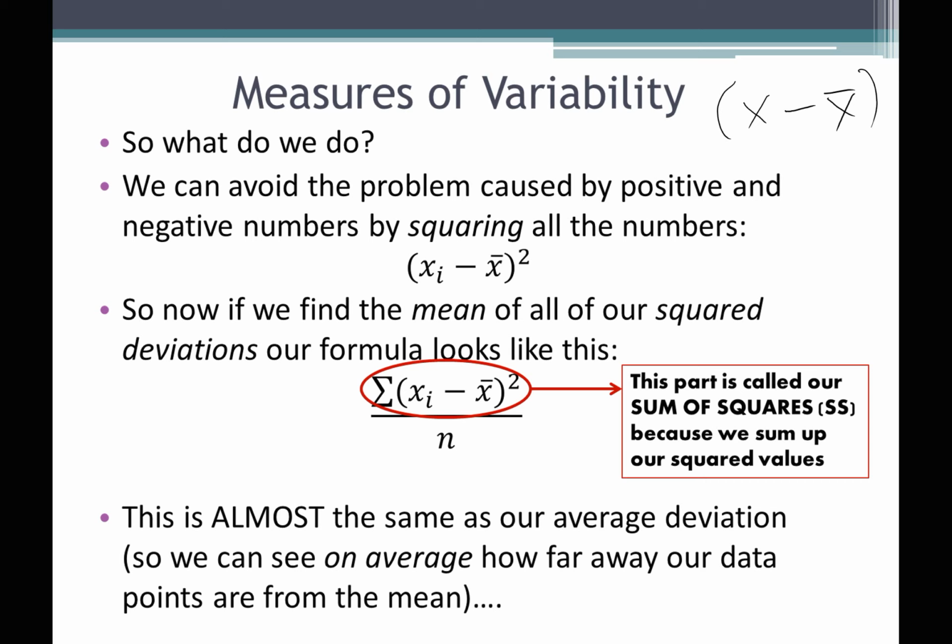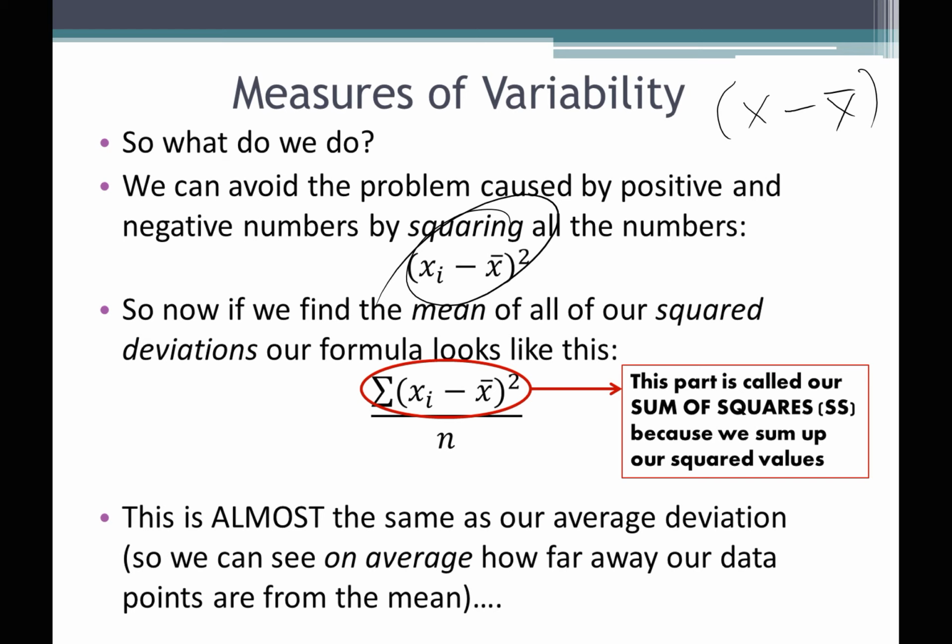Then we started adding them up, and we found that if you did that, it always added to 0. So we did something to get rid of all those negatives and positives so that it wouldn't add to 0. What we did was we squared all those numbers. Then we were finding the mean of all of our squared deviations, right?